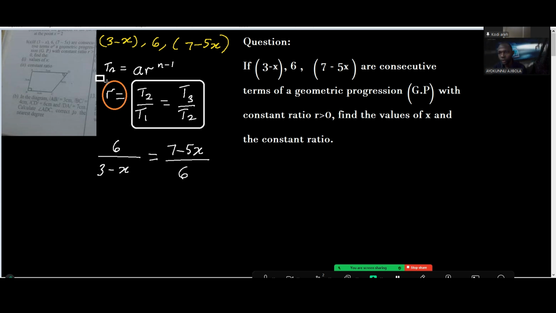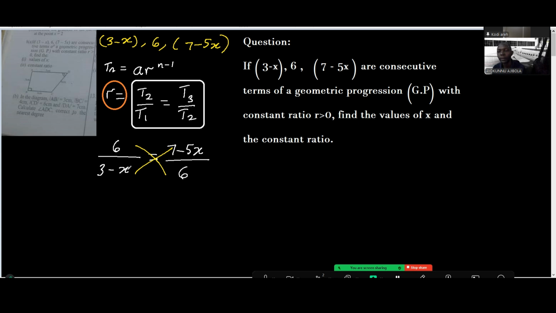So now I will just keep the r somewhere. Then to find x, I will equate these two ratios. After equating them, I have T2 divided by T1 equal to T3 divided by T2. So what I have here now is to cross multiply this expression, okay?